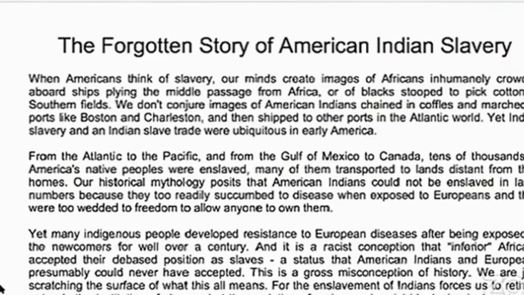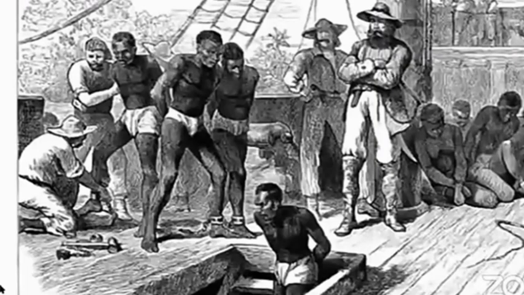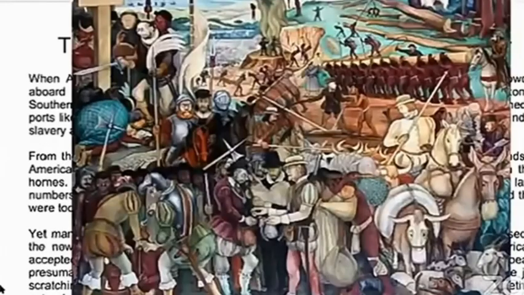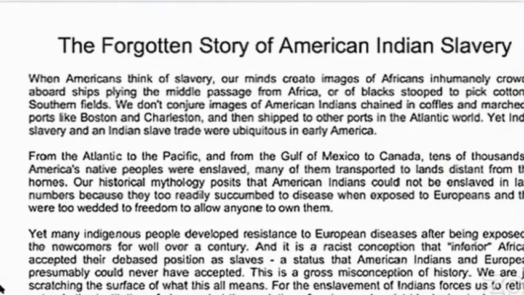When Americans think of slavery, our minds create images of Africans inhumanly crowded aboard ships, plying the Middle Passage from Africa, or of blacks stooped to pick cotton in southern fields. We don't conjure images of American Indians chained in coffles and marched to ports like Boston and Charleston, and then shipped to other ports in the Atlantic world.